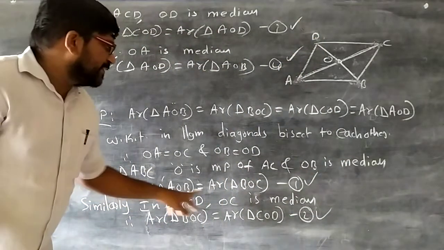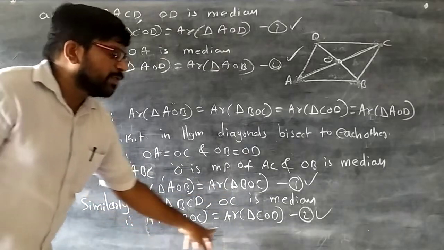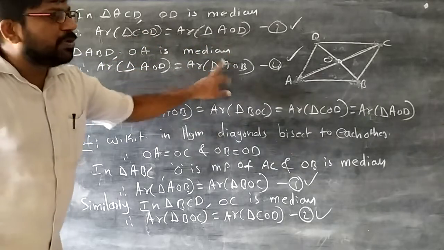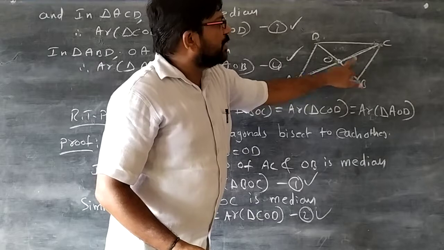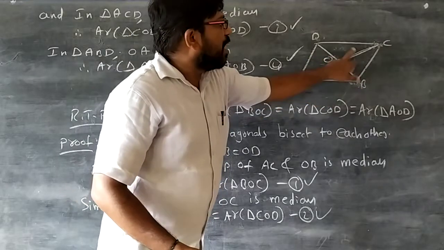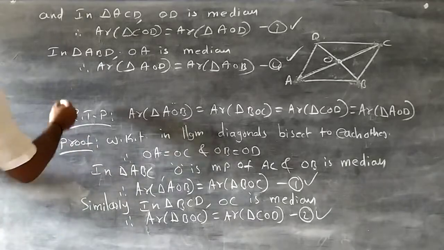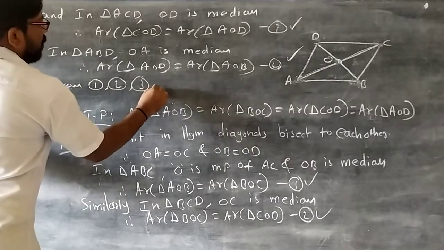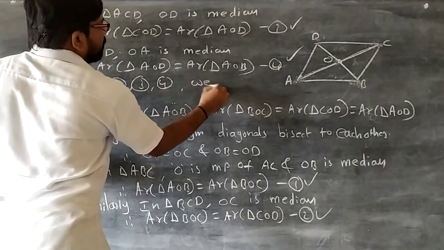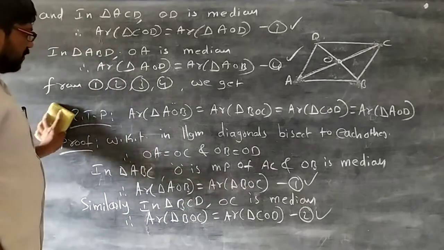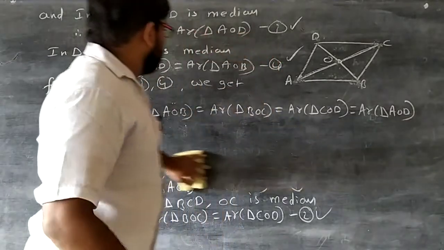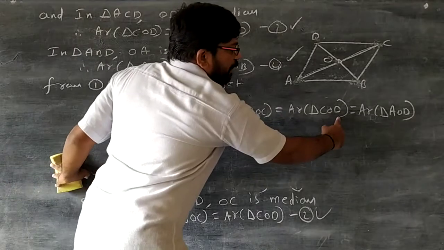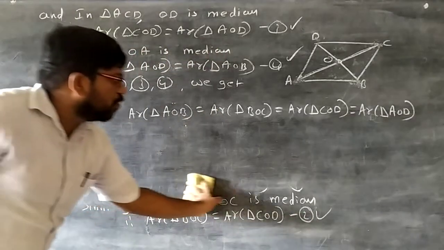See, AOB is equal to BOC and BOC is equal to COD and COD is equal to AOD and AOD is equal to AOB. Means these two equal, these two equal, these two equal, these two equal. That means all are equal. So from 1, 2, 3, 4 we get area of triangle AOB is equal to area of triangle BOC is equal to area of triangle COD is equal to area of triangle AOD, right?